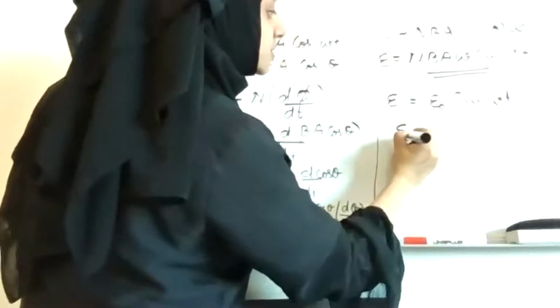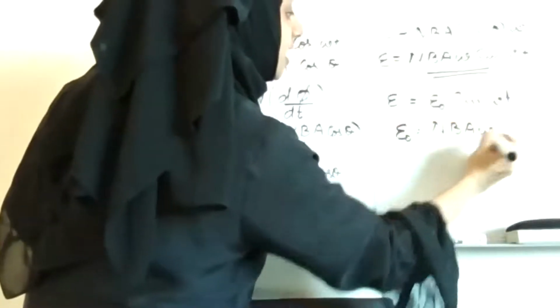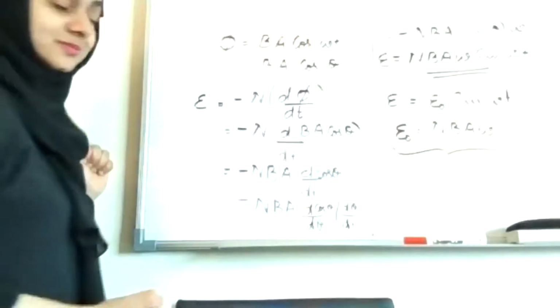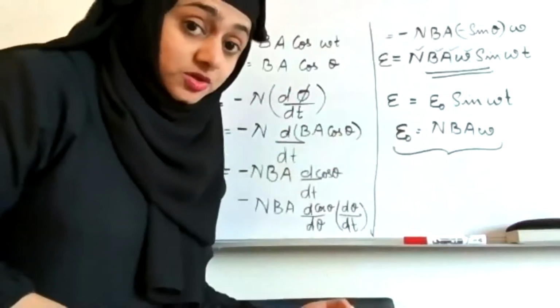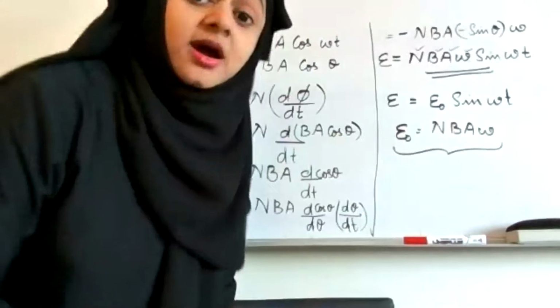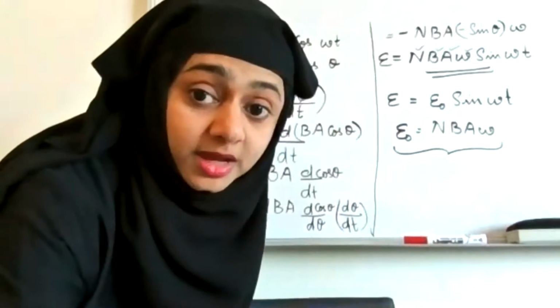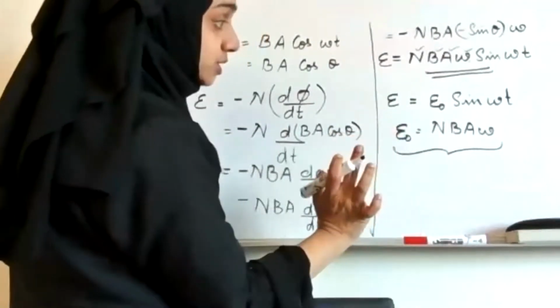So what is epsilon naught? It is equal to NBA omega. Okay, all these are constant. Number of turns are not changing. B is not changing. A is not changing. Omega may change, but if it is constant, this will be constant.